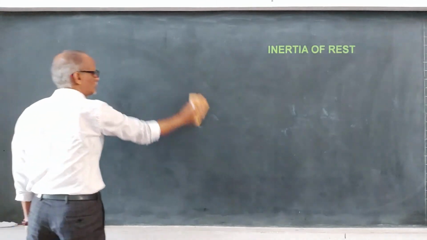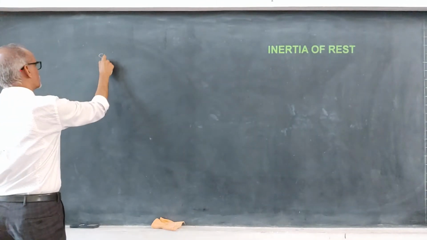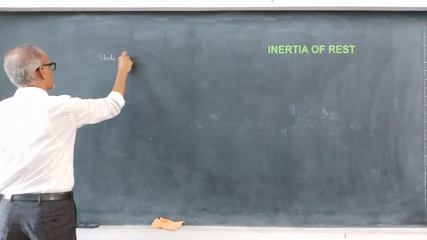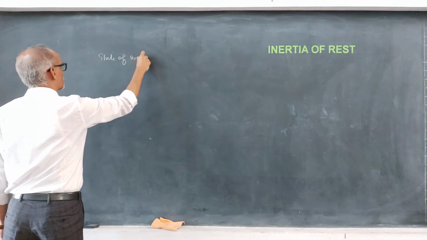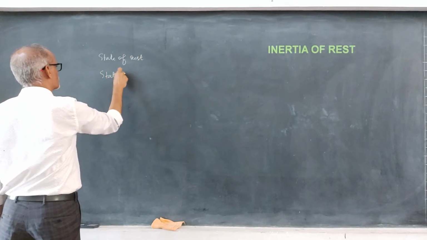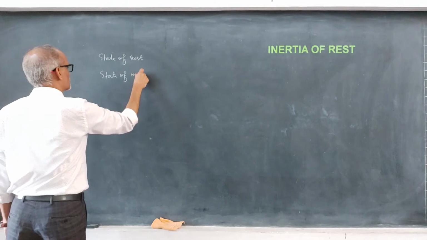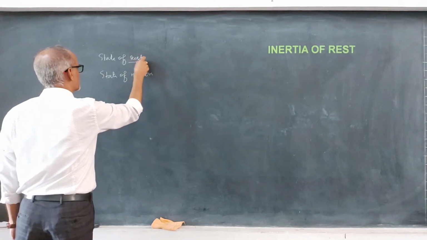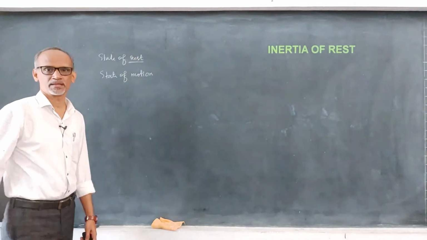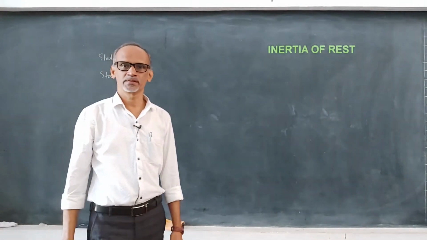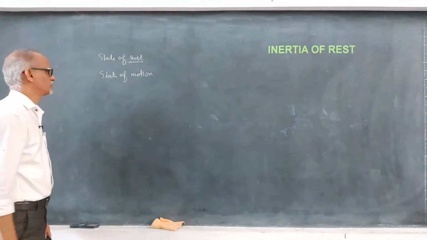So, we know the meaning of the words state of rest and state of motion. What do you mean by state of rest? State of rest means there is no change in position with respect to time. What do you mean by state of motion?